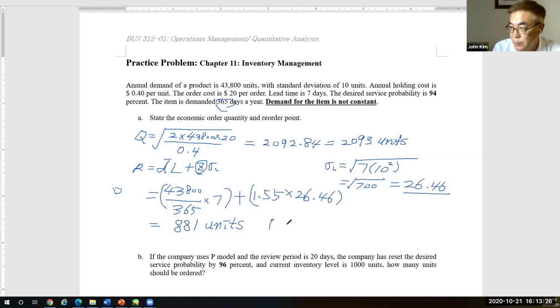So 120 times 7 is 840, plus 1.55 times 26.46 is 41.01, equals 881.01.